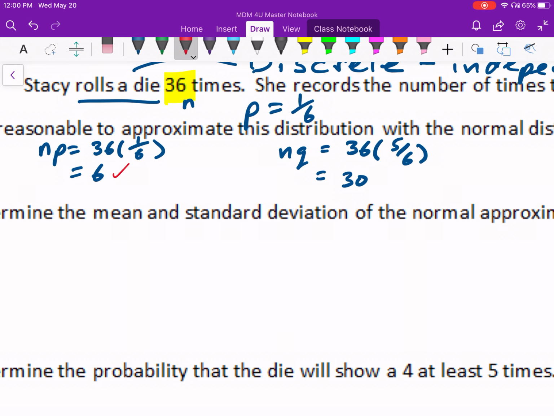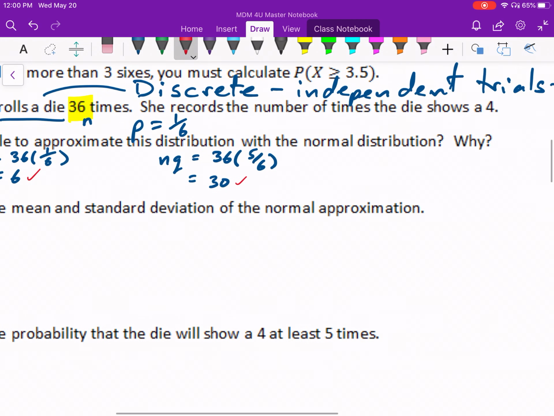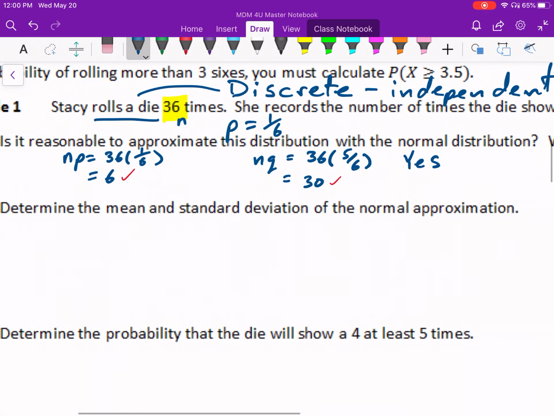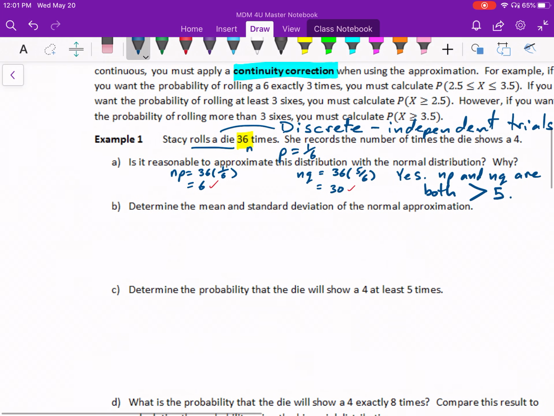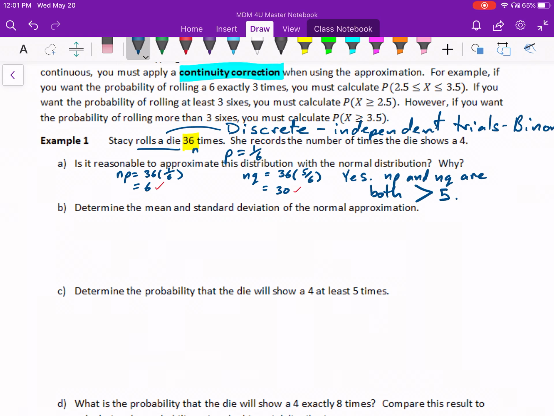That's also greater than 5. So the answer here is yes, it is reasonable because np and nq are both greater than 5. So that was the first thing. We checked to make sure that we're allowed to use this approximation.